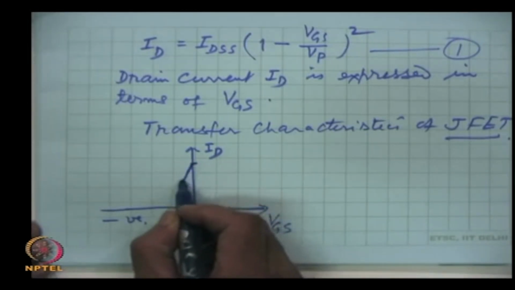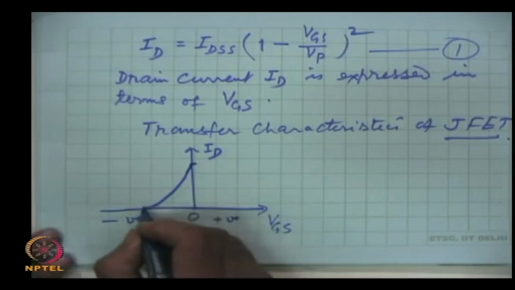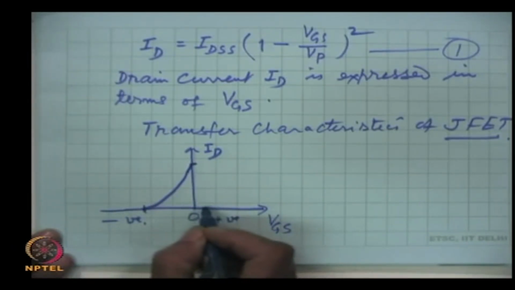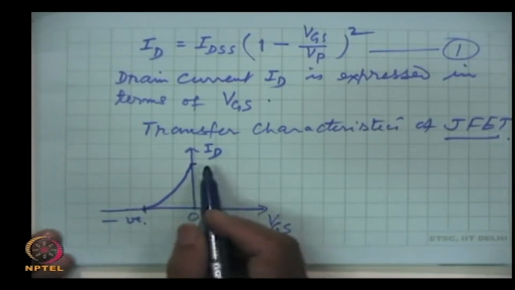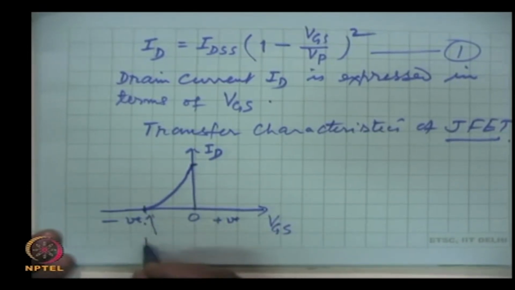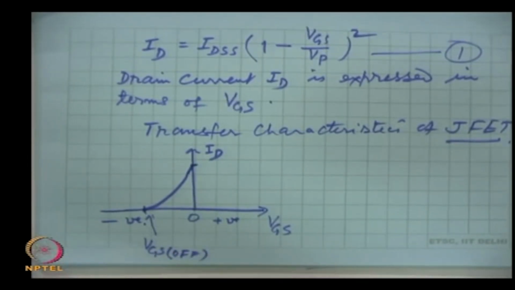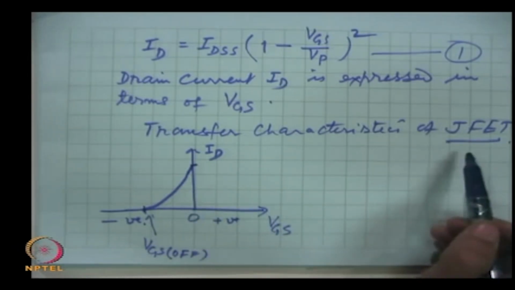So, this is the parabolic plot, and this value where the drain current drops to 0, we call VGS, gate source voltage off. These are the drain characteristics for the N type JFET.